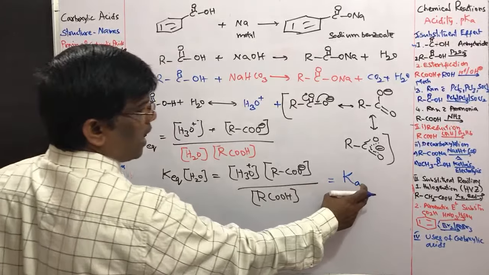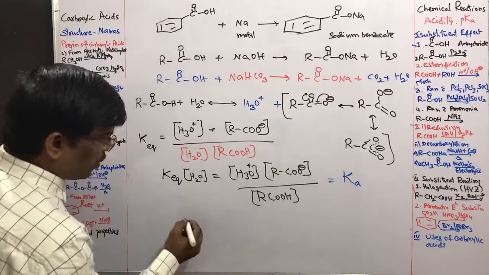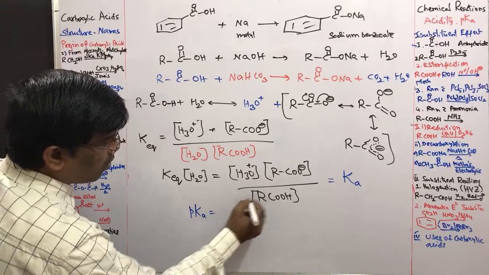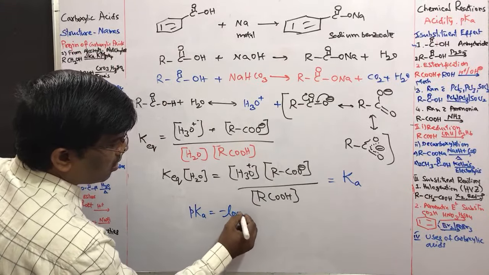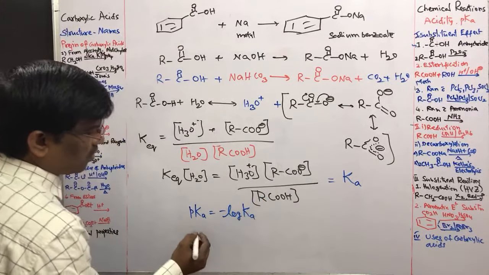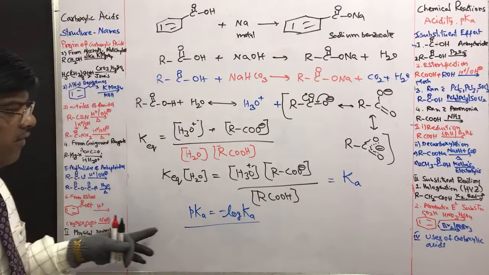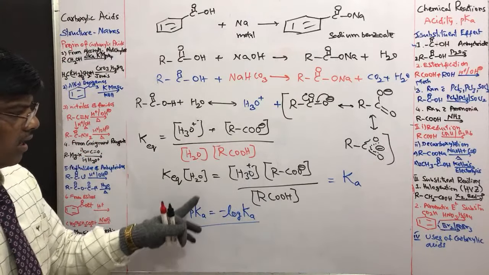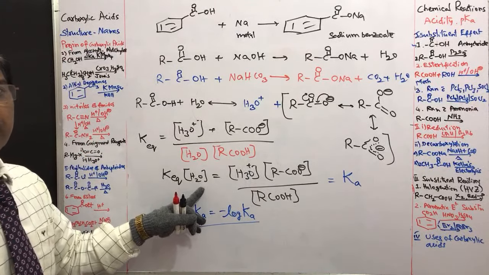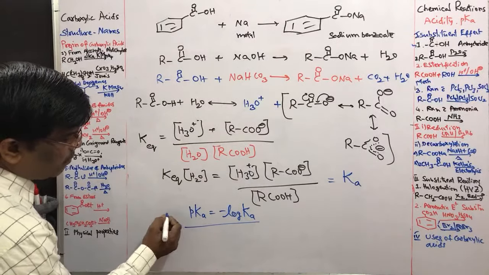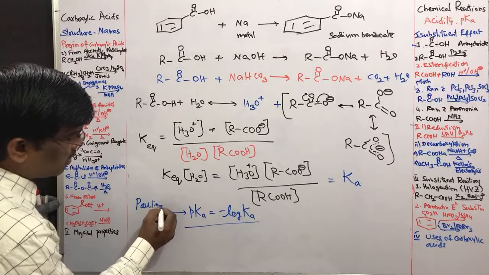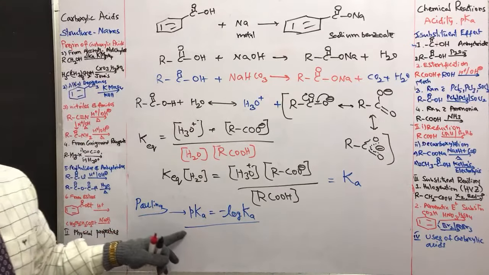Yes students, when I apply logarithm to both sides, I get pKa values: pKa equals minus log Ka. This is the equation I get from the dissociation constant equation. What is this p? It was introduced by the scientist Pauling. So these are pKa values.